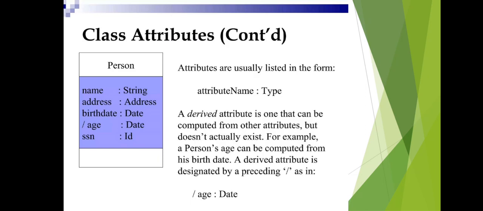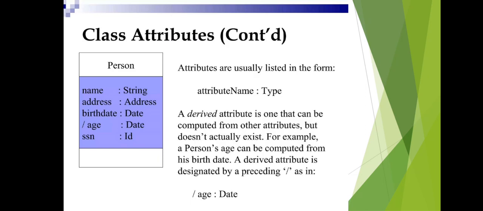In the next slide, this is how we create an attribute. An attribute is created in this format: attribute name, colon, and type of attribute. Here name is the attribute, and its type is String, so name is always entered in string format. There is also a different kind of attribute called a derived attribute.